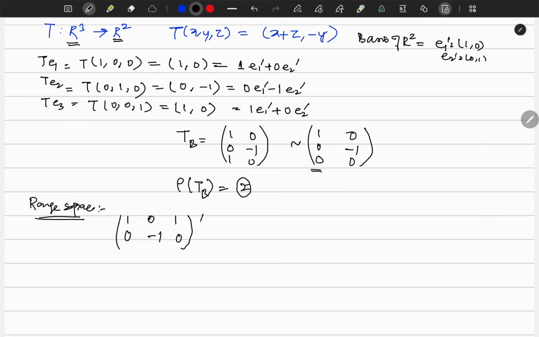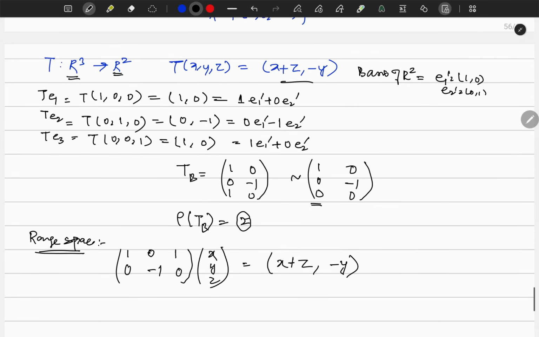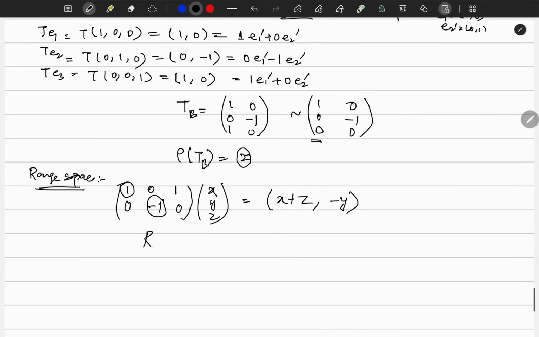Okay, then multiply by (x, y, z), because u is equal to (x, y, z). So your range space will become (x plus z, minus y). So it means the whole codomain, you can check, it is the same definition. So rank will be equal to 2, because you have the rank here. So your range space is the whole codomain, that is (x plus z, minus y).